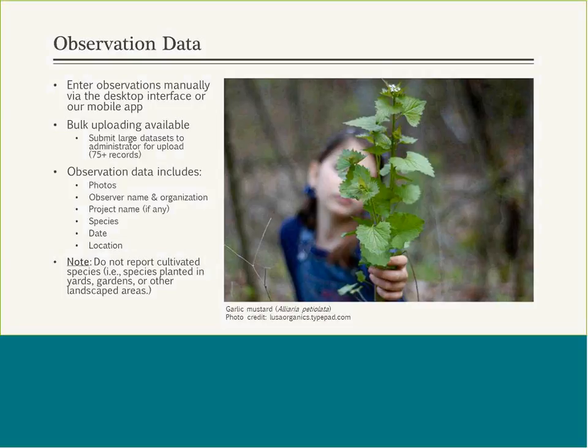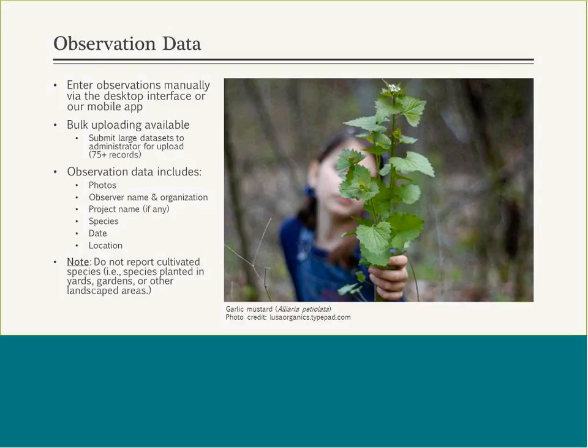I mentioned real quickly that if you find a species that's been planted in a landscaped area that's been purposely cultivated but it's invasive, do not enter that information into iMap, because the purpose of entering data into the program is so that treatment and further control efforts can happen.